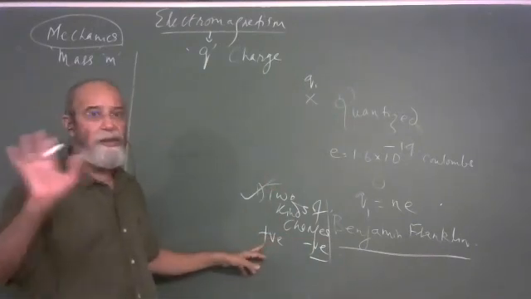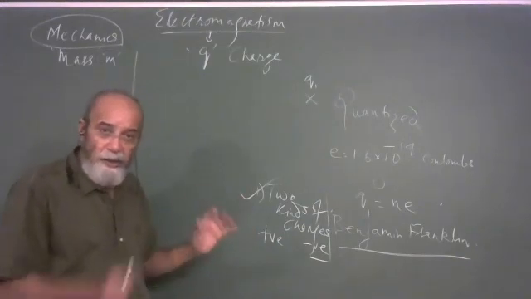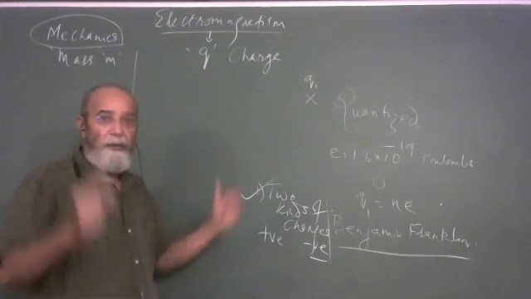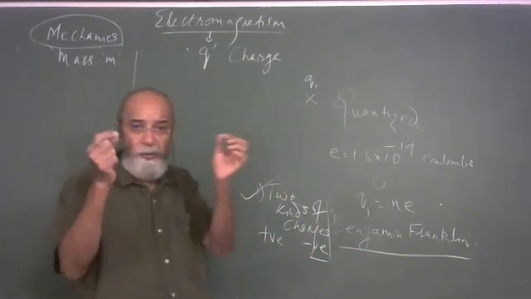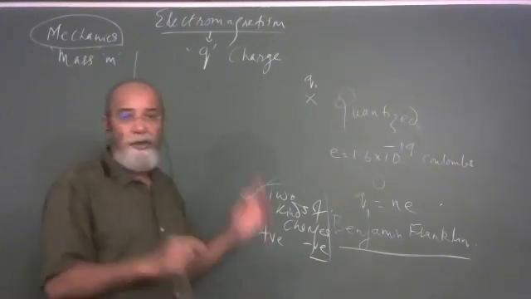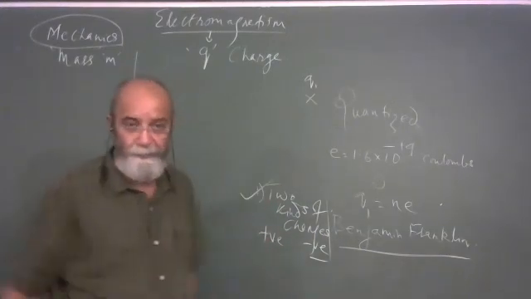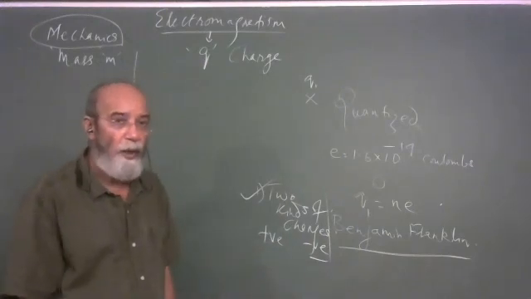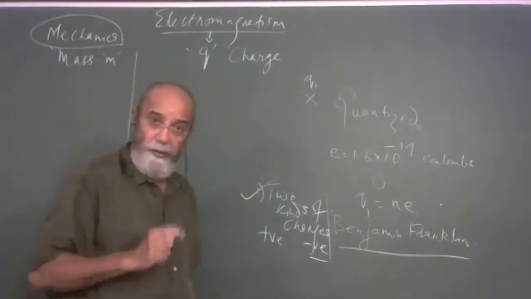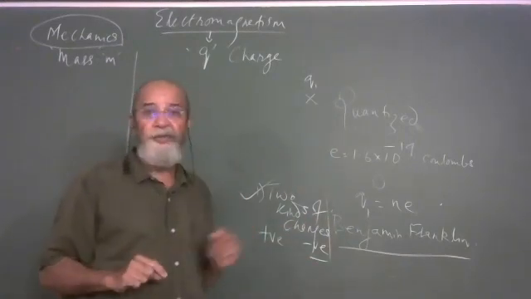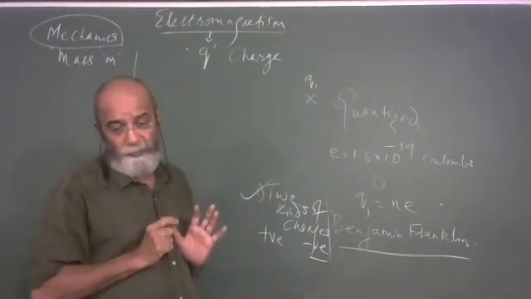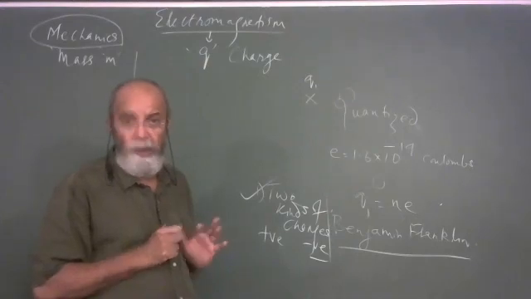And Benjamin Franklin said that like charges, that means 2 positives, when you bring them close enough, they will repel. 2 negatives, when you bring them close enough, they'll repel. Like charges repel. And unlike charges, 1 positive, negative will attract. He even probably went to the extent of saying that this force, which is attraction or repulsion, is of the same nature.